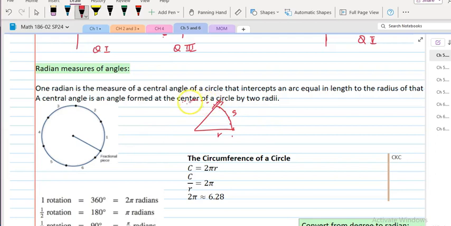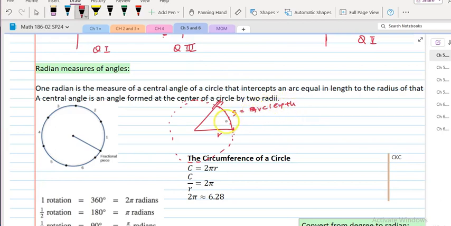Then we imagine how many radius lengths this angle spans. S is the arc length.